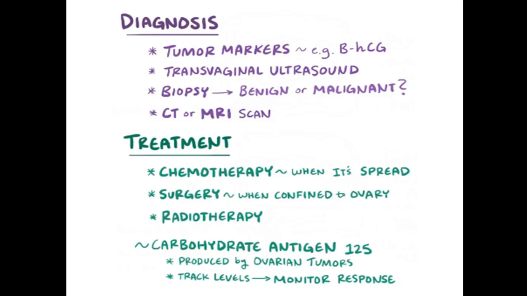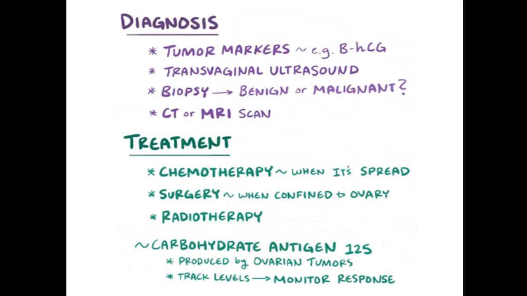Now, there are certain tumor markers like beta human chorionic gonadotropin, particularly for tumors that secrete beta human chorionic gonadotropin, like choriocarcinoma.